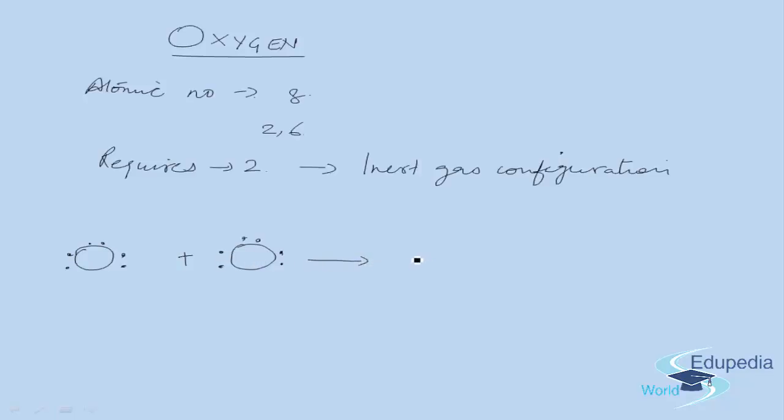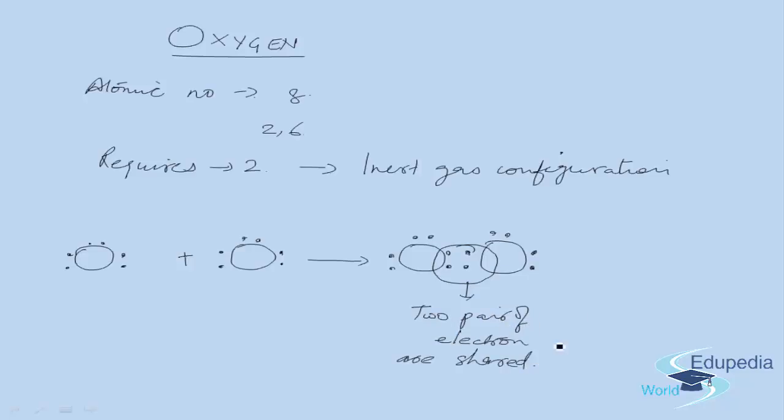So now we have a pairing, right? So this is basically a double bond, that is, sharing of two pairs of electrons, right? So it gives us a double bond like this.